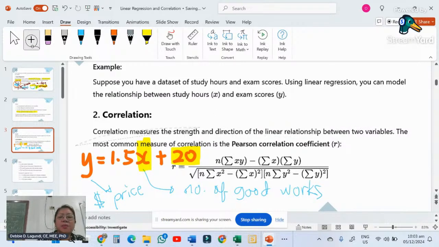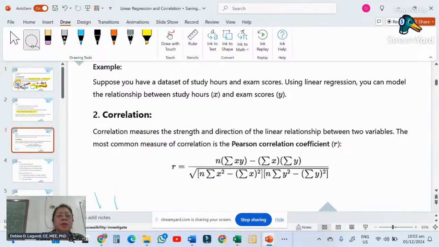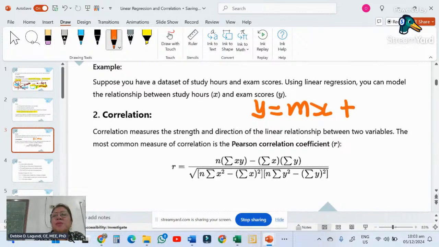Now let's go to an example. Before that, I have here correlation first. Linear regression is related to correlation as well. Correlation is telling you how these two variables could be related to each other. So you have the x and y relationship, y is equal to, let's go back to that, mx plus b. So the r here, when r is near to 1, like r is equal to 0.99.